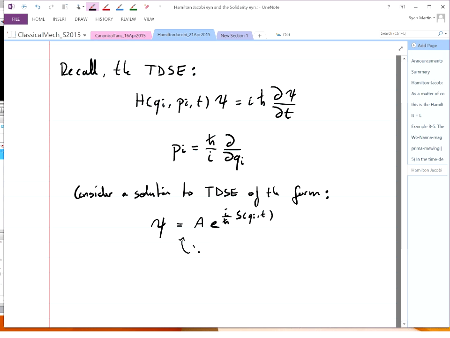This is what we call a plane wave solution. Alright, so there's lots of problems in quantum mechanics where a possible solution to the time-dependent Schrödinger equation is a plane wave solution.